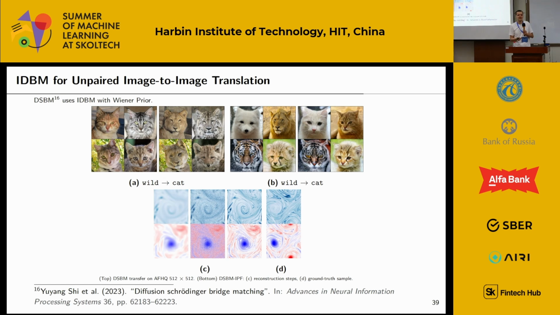You cannot find such pairs easily on the internet. So you have to train such models in an unpaired setting. In this case, it allows you to learn a mapping which preserves the similarity between input and output point. So a wolf is mapped to a white cat, not just to an orange cat or whatever. This is the property of this iterative diffusion matching procedure, that it finds a diffusion which maximally preserves the input content in the unpaired setting.